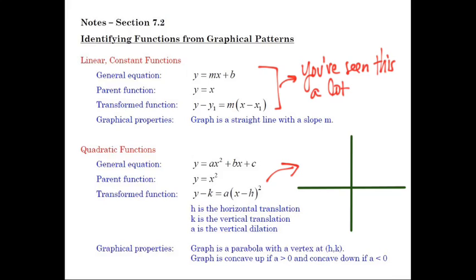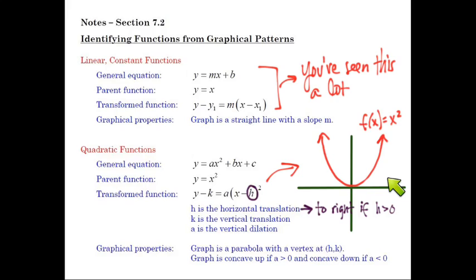Right. So for this one, again, it's a quadratic. It's this parabola shape. That's our parent graph, x squared, and then we can shift things around. So we have a translation to the right, so that h value, if h is greater than 0, moves our vertex, the whole graph, to the right. And then we can stretch it and add some value k.